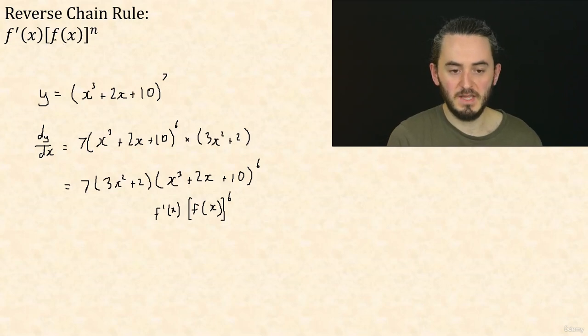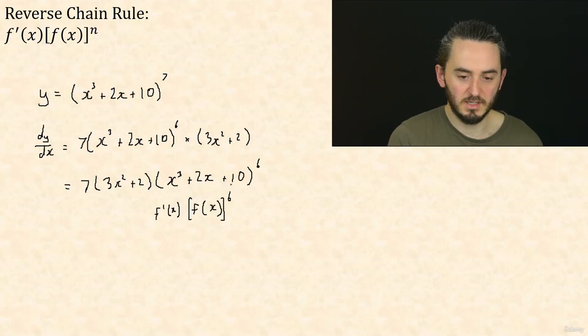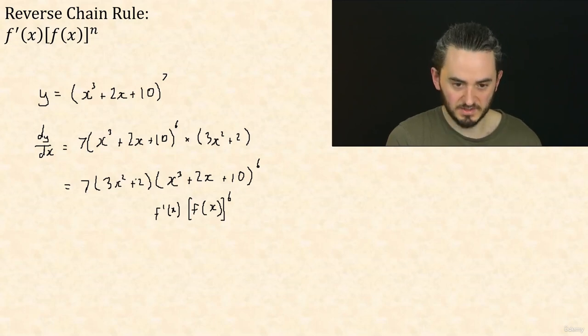If you see a function raised to a power and then the derivative of that function sitting there in some form at the front or the back, it's a telltale sign that the chain rule was used to differentiate a function, this function, but just raised to a power that's one more. The fact that this derivative has been spat out the front, this here is the smoking gun at the scene of the crime, which tells me that what must have happened is this bracket here must have been differentiated where the power was one higher and it dropped by 1, then we multiplied by the derivative, and there it is.